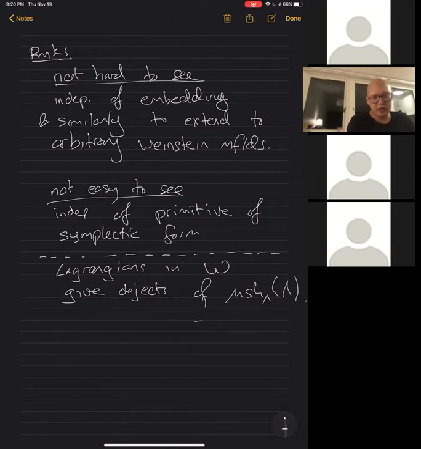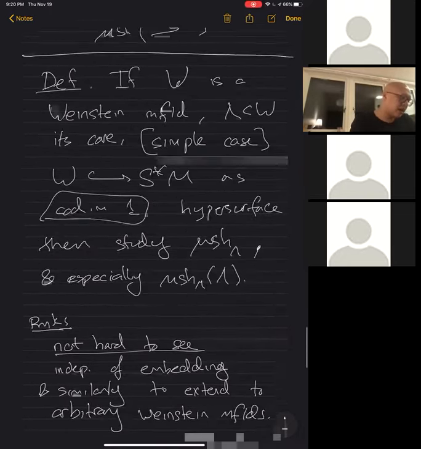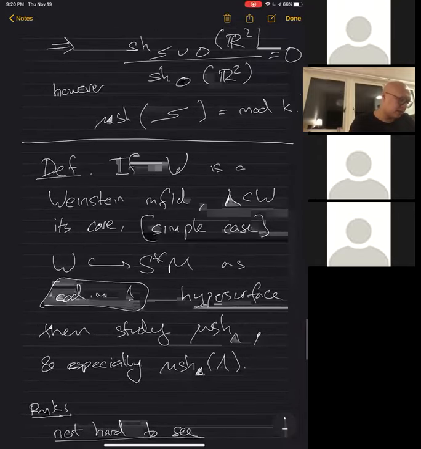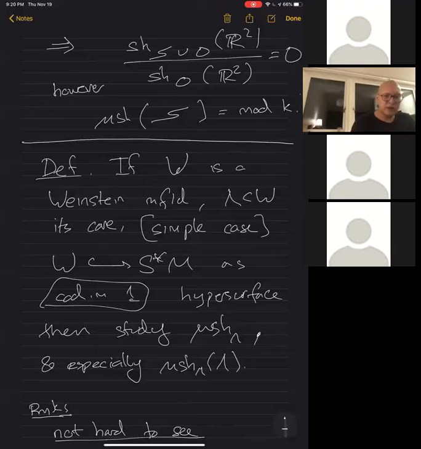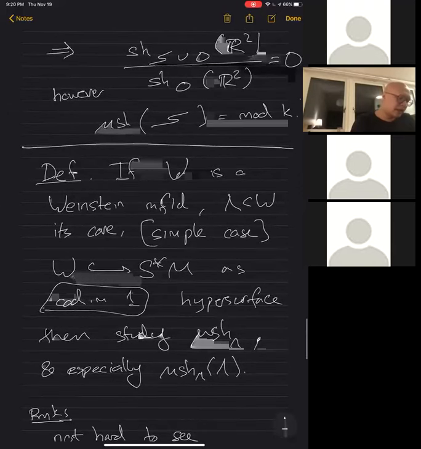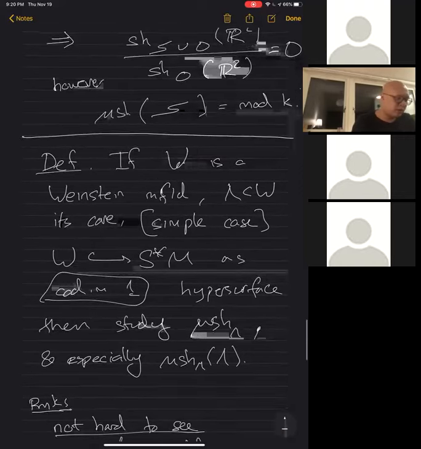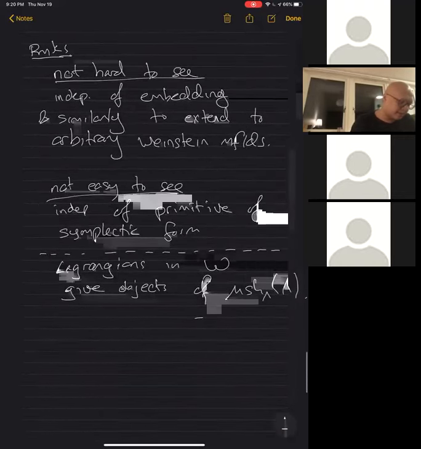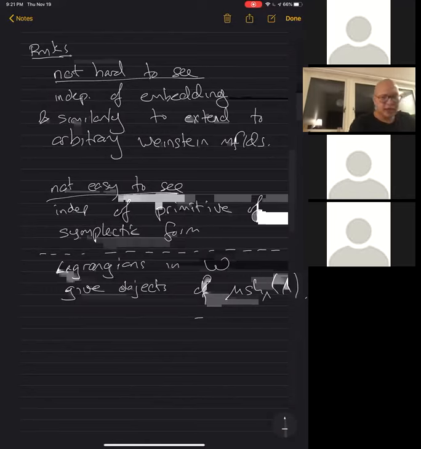Making the Fukaya category and computing in it is hard. But on the other hand, I gave you in about 45 minutes or so a complete definition of this category, and I maybe showed you what kinds of things you have to do to compute in it. It's not so hard. And so we would like to use this category instead of the Fukaya category.